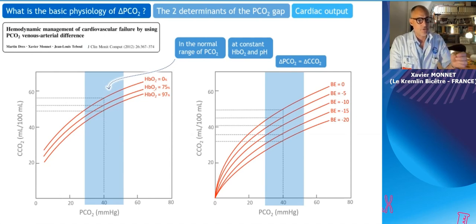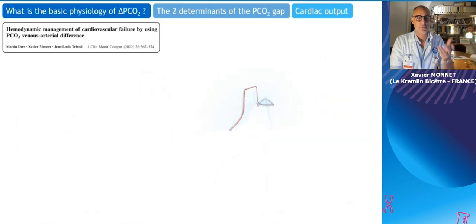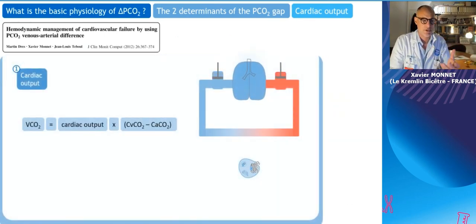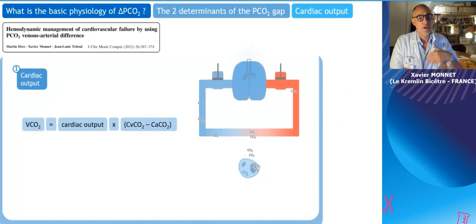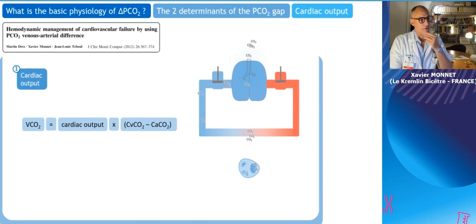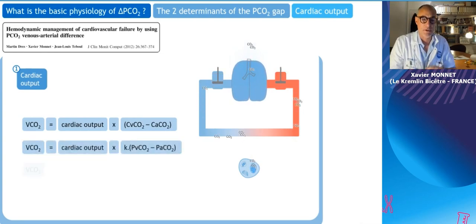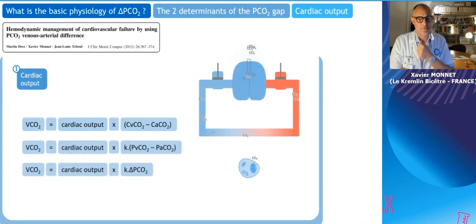Of course, CO2 content does not exactly equal CO2 pressure, there is a multiplying factor, but we can say that VCO2 equals cardiac output times a multiplying factor, the key factor, multiplied by the PCO2 gradient.